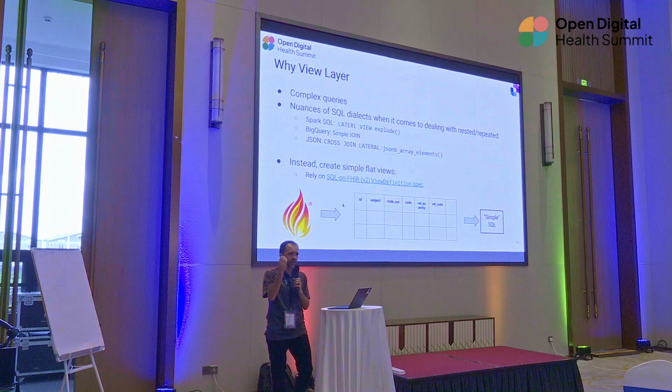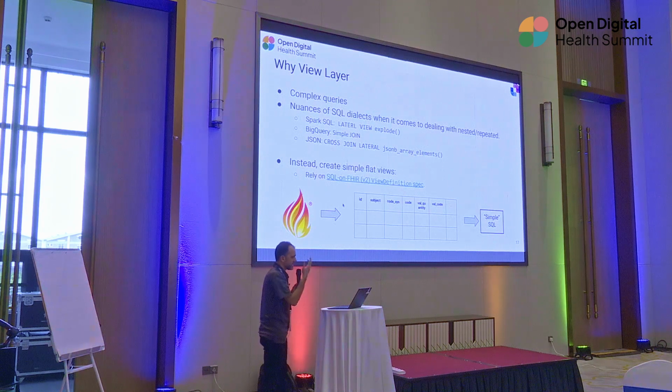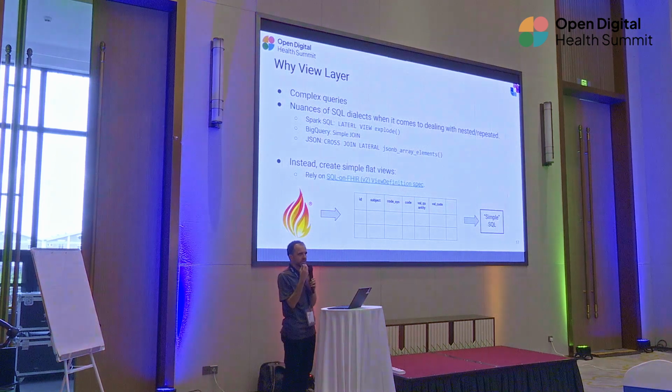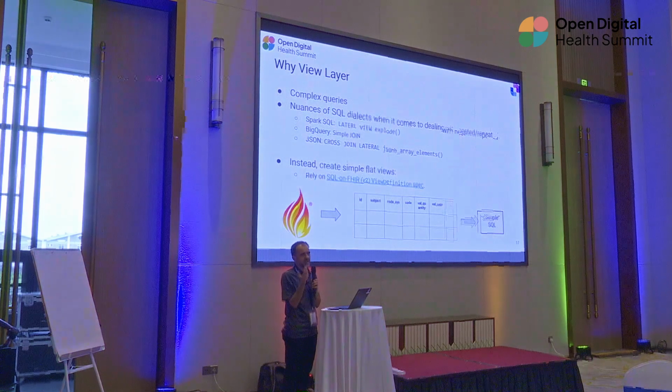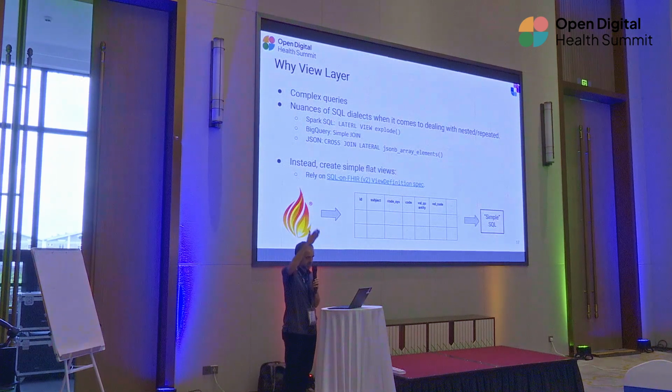Let's say in the query that I want to make, in many cases, I only need the observation code and observation value. So just take those columns from the observation, flatten the data, and then at the end you just write simple SQL. You don't need to do any of those lateral, explode, those kinds of things, right? So that kind of flattening is a focus for your downstream users, right?